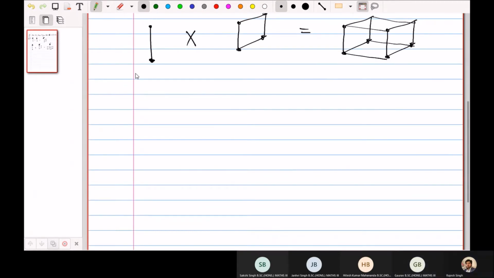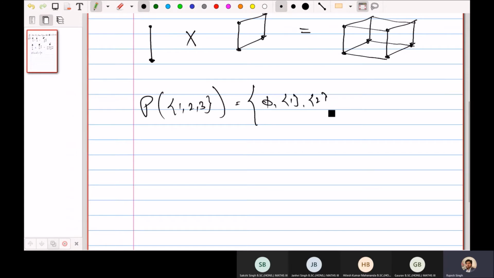And we know that, or let's just make it here, that would be much better. Now P of {1, 2, 3} is phi, singleton 1, singleton 2, singleton 3, then {1,2}, {1,3}, {2,3}, and then {1,2,3}.